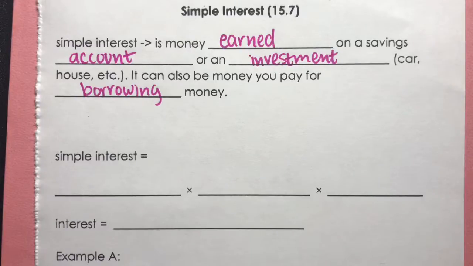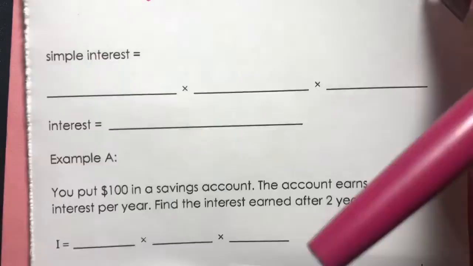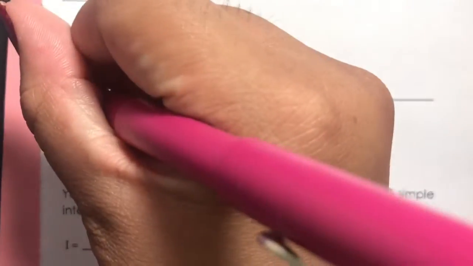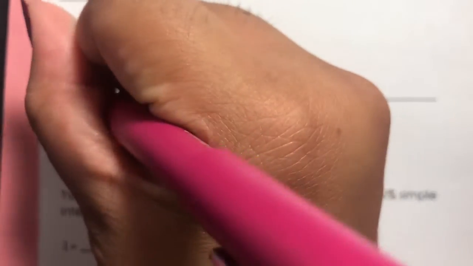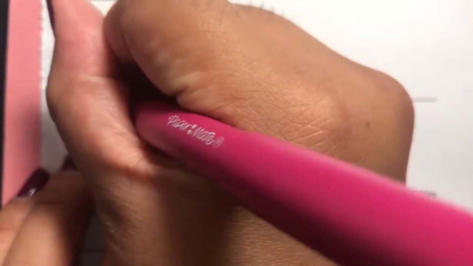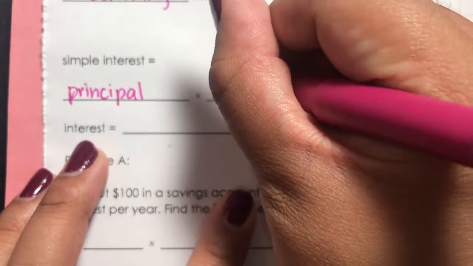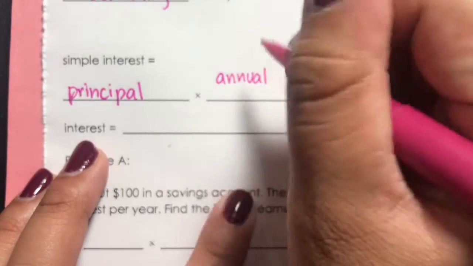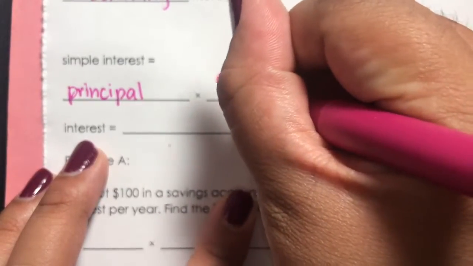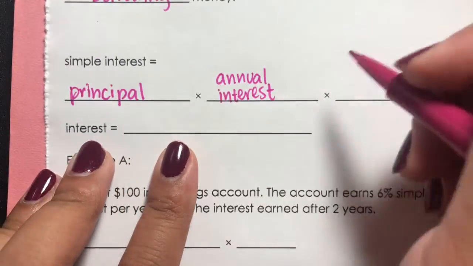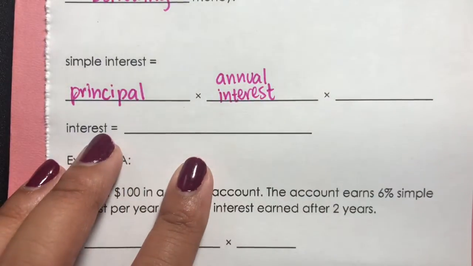Okay, so all that to say, let's find out, how do we find simple interest? So the formula for simple interest equals the principal amount times the annual interest, which is the percent usually. And of course, because it's a percent, we never just multiply by percent.